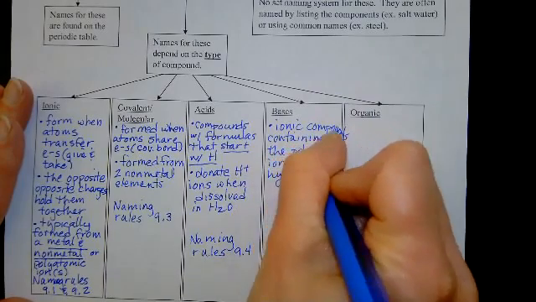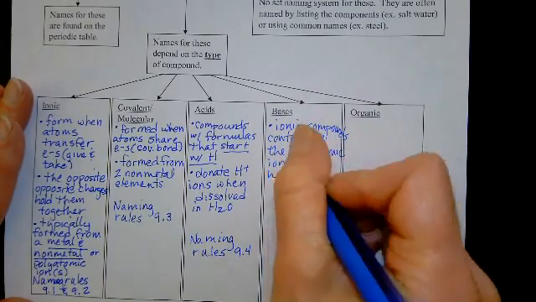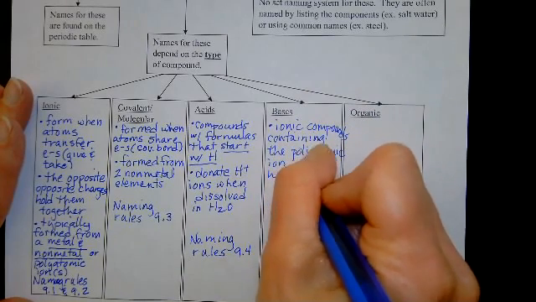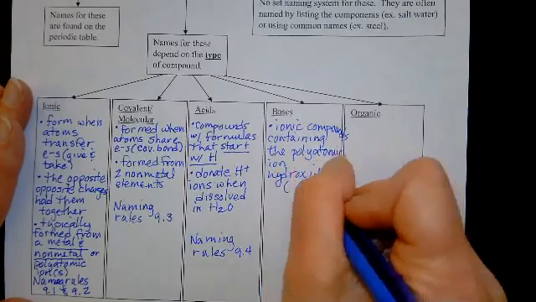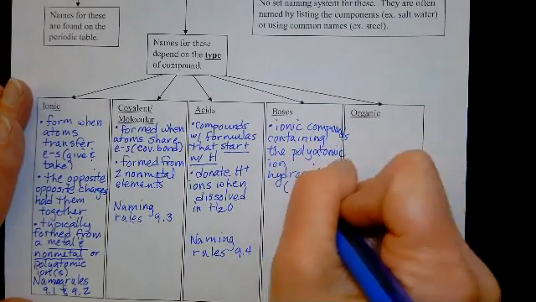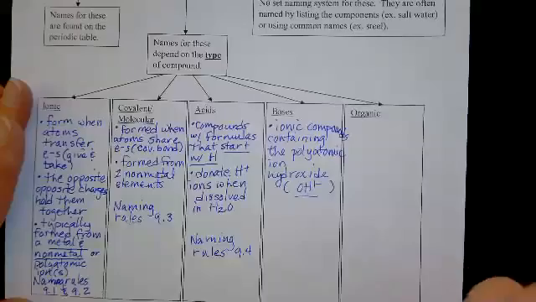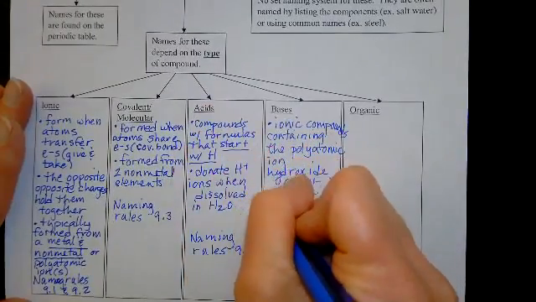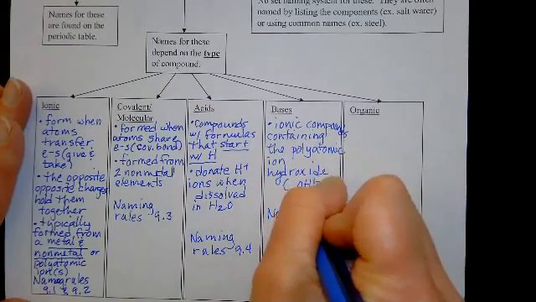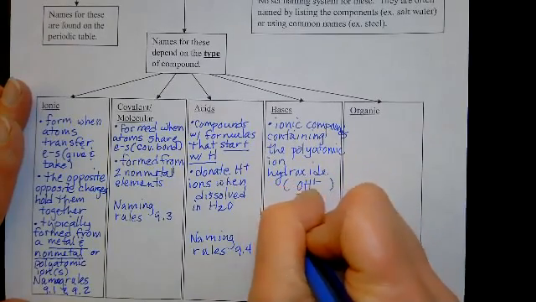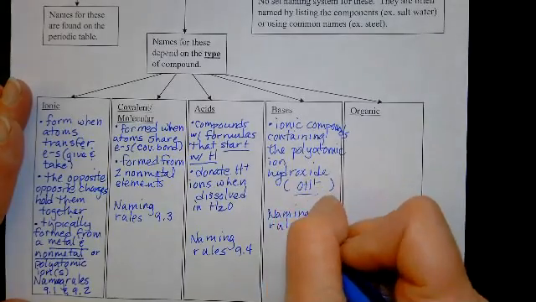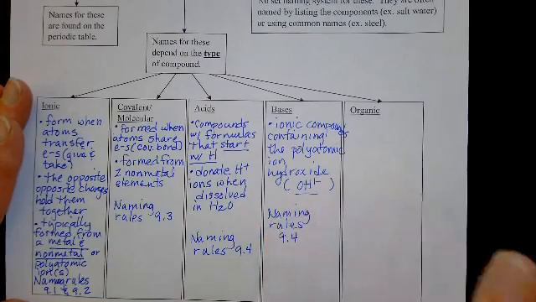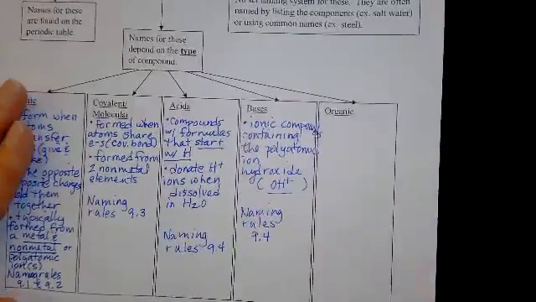And hydroxide is an OH with a -1 charge. The naming rules for bases, you're going to find them very easy. They will be the same as the naming rules for ions, except that we know that they will occur when we have hydroxide as our anion.